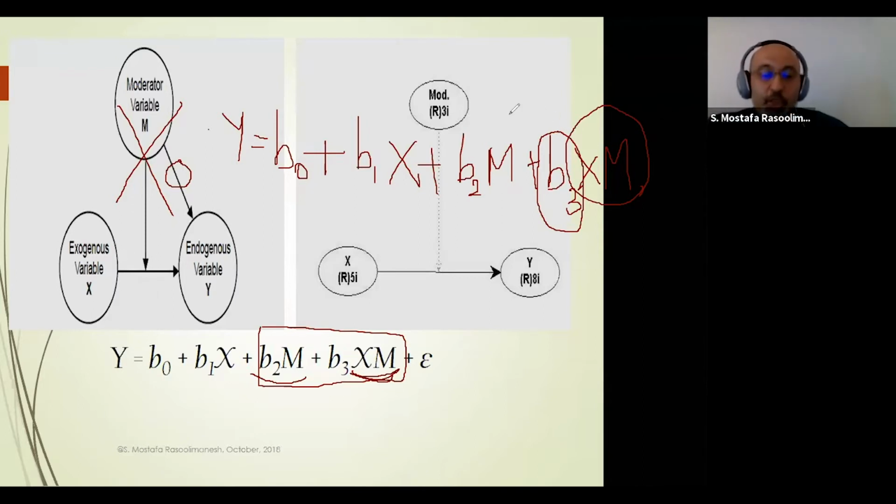So using interaction effect, we add these two terms to the regression equation and we assess this beta 3. But why do we do this?